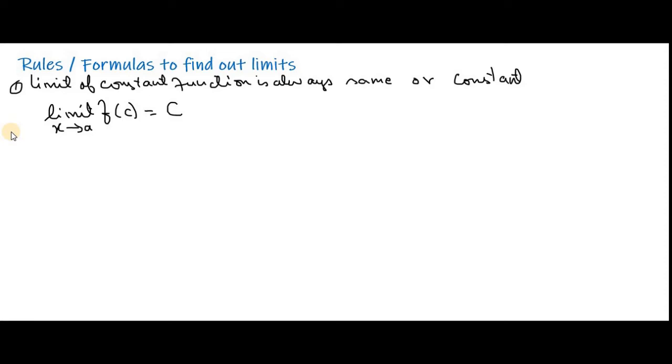So before going further to solve any other example, I would like to explain this formula in detail.